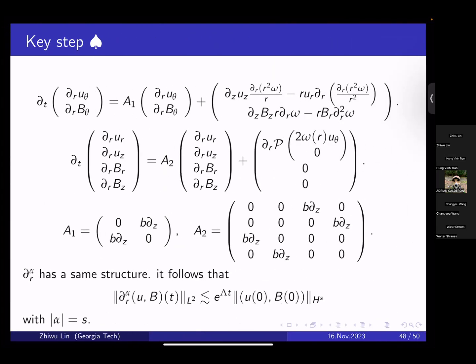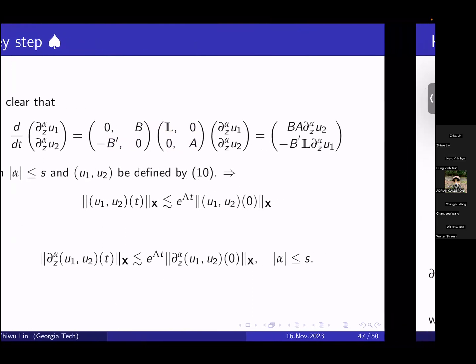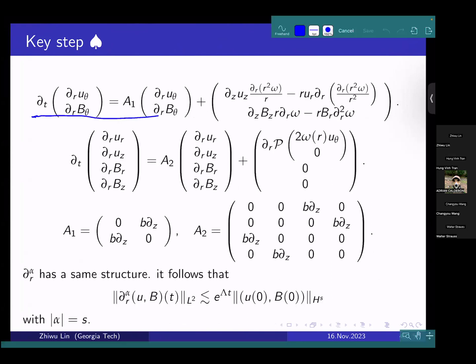Now the r derivative is not exchangeable with this linear operator, because you can see this linear operator contains the Rayleigh projection. So the r derivative is not commutable with the Rayleigh projection, for one thing. Here we actually observe that even if you cannot use the Hamiltonian structure, there's some other structure you can use. For example, you can do the r derivative of u_theta and b_theta first.